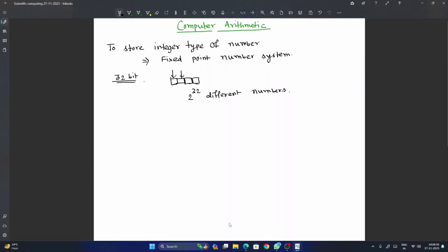But the problem is, if we allow the sign also, that means it can store the positive signs and the negative signs, so obviously one bit is occupied by the sign.